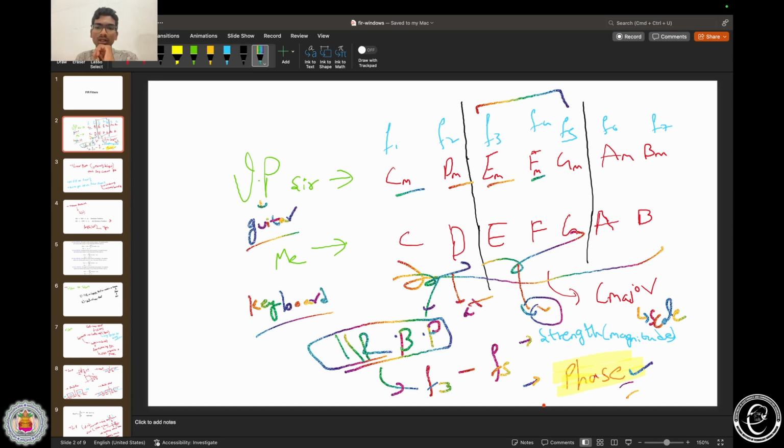Similarly for F, sir plays F major, but due to the non-linear phase, I may hear E major or G major. So without going in depth, this is just a simple scenario where linear phase is important.